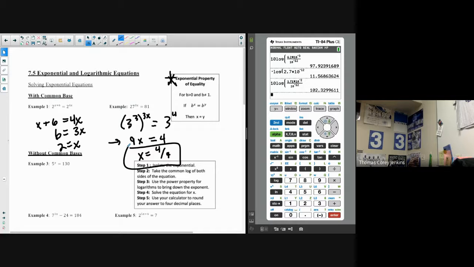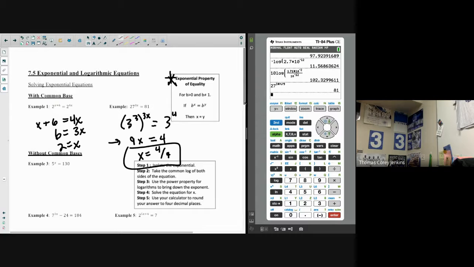Since I have my calculator pulled up, I'll type 27 to the power of 3 times x, so to the power of 3 times 4/9. And you can see that that's equal to 81, which tells me that my solution is correct.